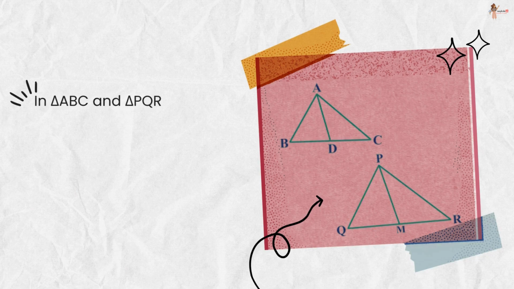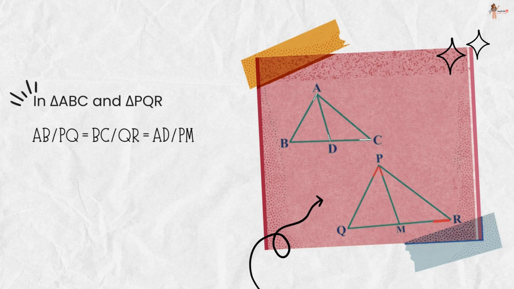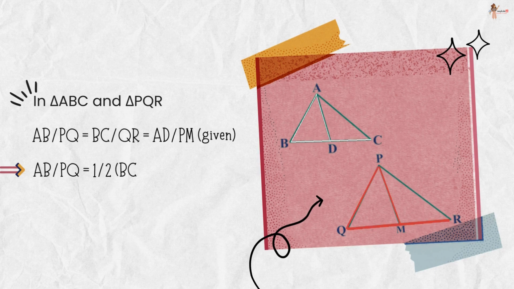Given triangle ABC and triangle PQR, AB, BC, and median AD of triangle ABC are proportional to sides PQ, QR, and median PM of triangle PQR. That is, AB upon PQ is equal to BC upon QR is equal to AD upon PM, which implies that AB upon PQ is half of BC upon half of QR is equal to AD upon PM.